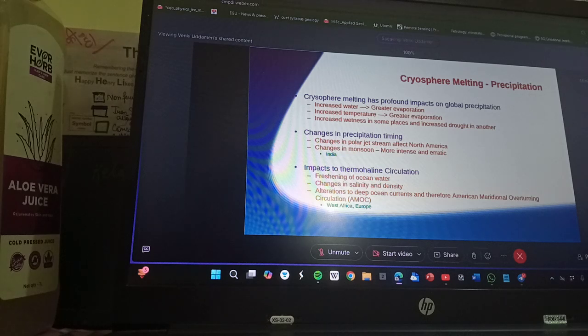But one of the problems with this increase is the increase is not uniform. Unfortunately, we are seeing greater rainfalls in areas that already have substantial amount of rainfall. So it's not that glacier melting is necessarily helping us on a global scale.